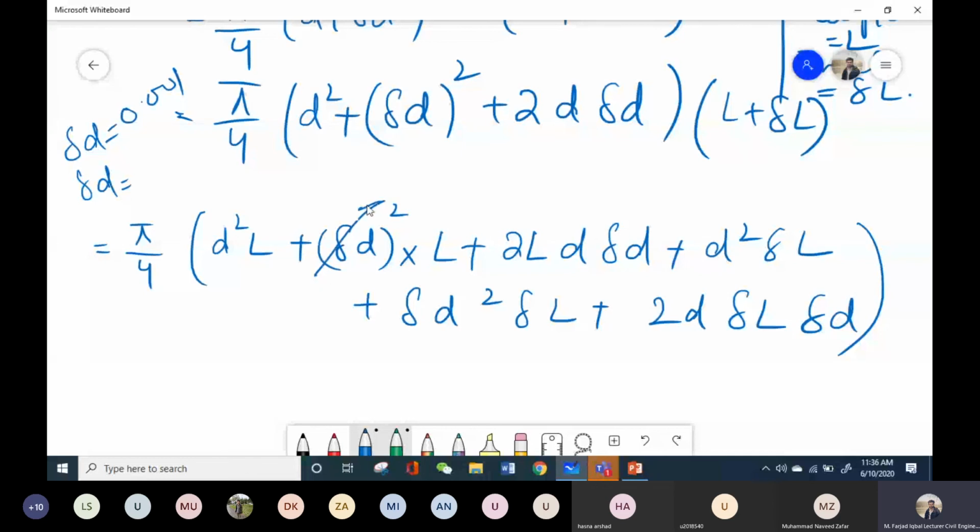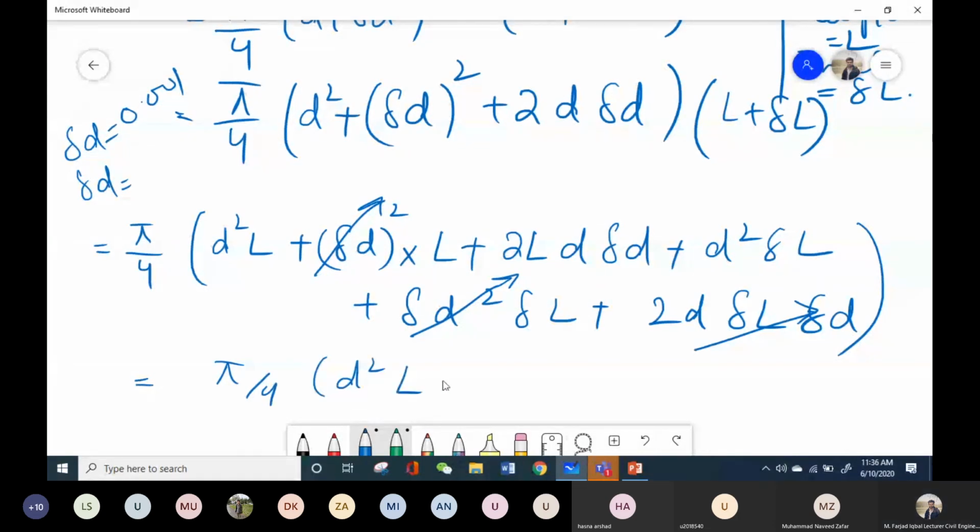So we can neglect these quantities where there is a square of a delta. For example, over here there is also a product of two deltas, so again it will be a very small quantity. In this one also there is a square of delta quantities. So we can neglect these factors.